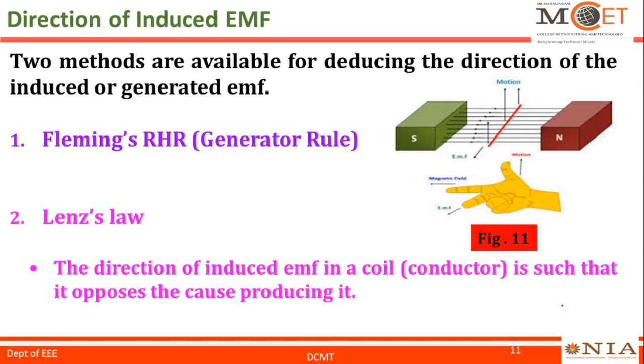Two methods are available for determining the direction of current of the induced or generated EMF. One is Lenz's law, which we discussed in the previous slide, and another one is Fleming's right hand rule, also called the generator rule.